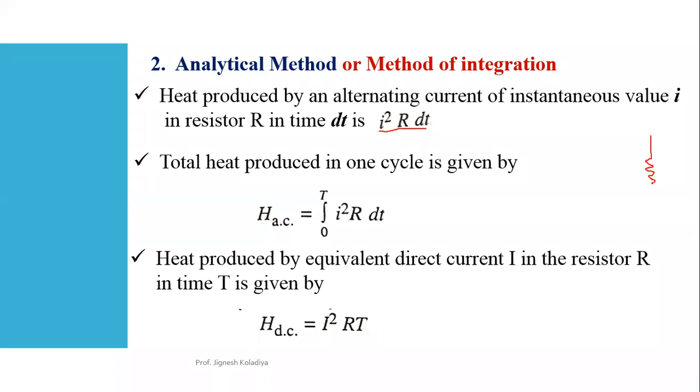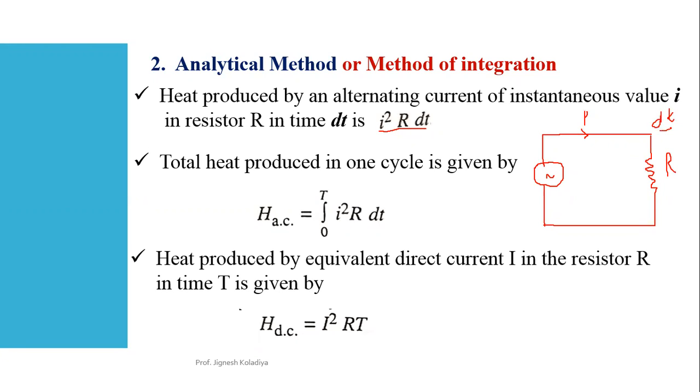In this circuit, the value of resistance is R, and we are giving AC supply. Due to this, the current small i is flowing through this R resistance for how much time?